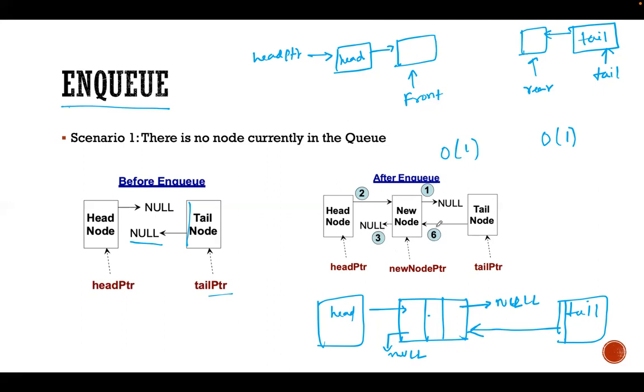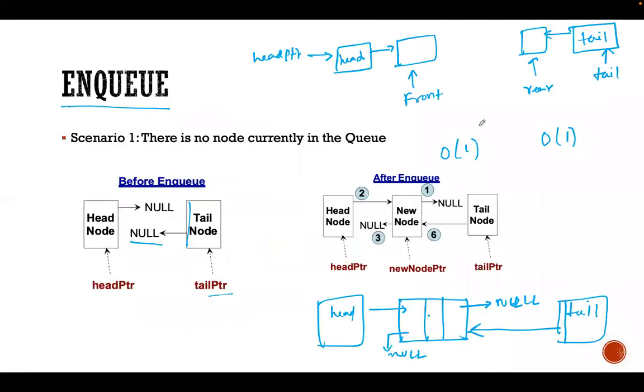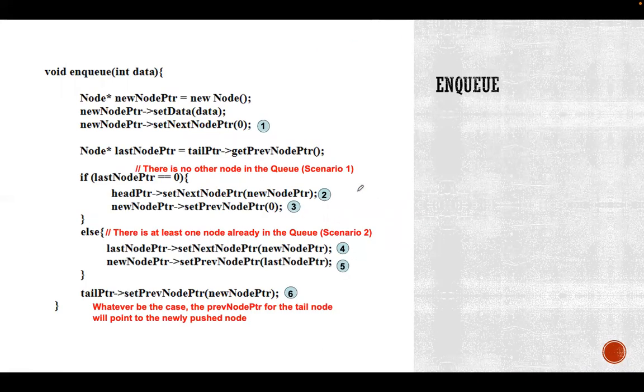All of this is coming from this implementation. This is line 1, where we are creating the new node. Here 2 means the next of the head pointer will point to our new node.